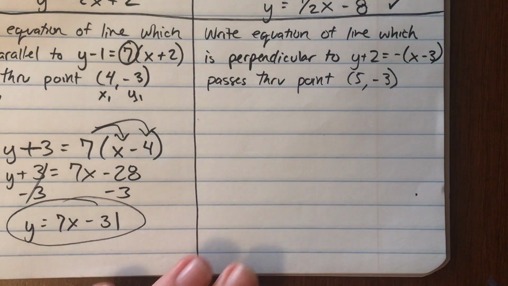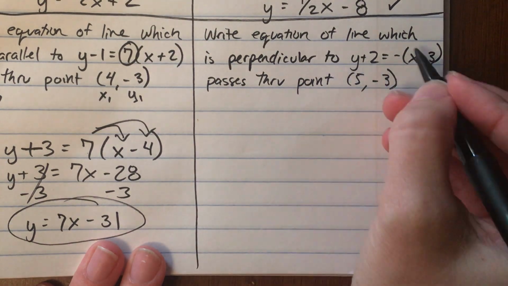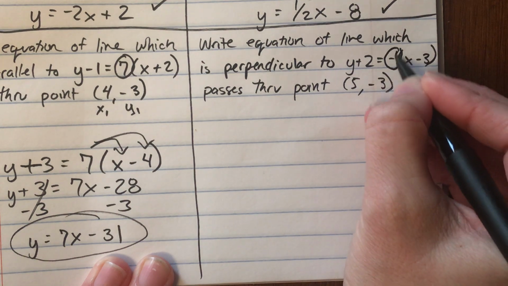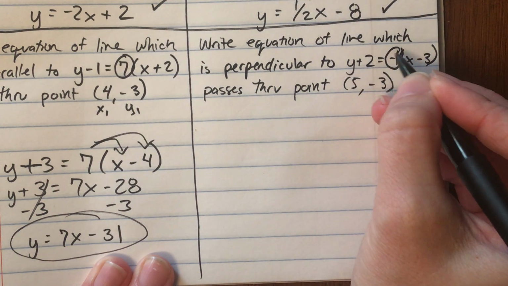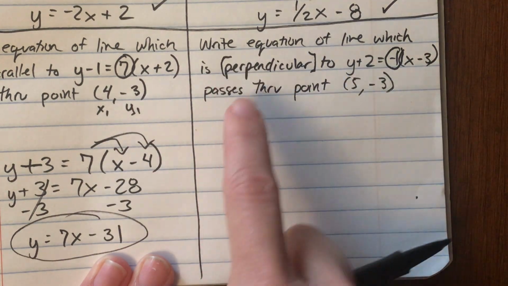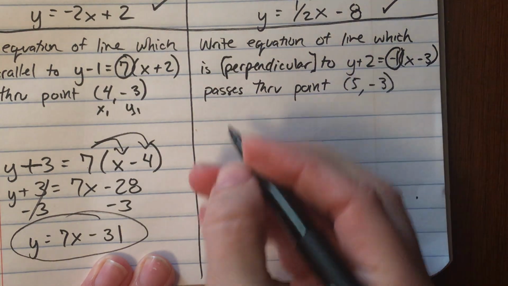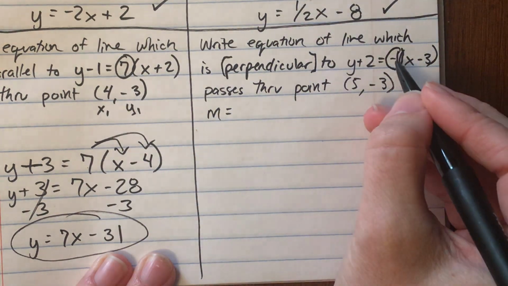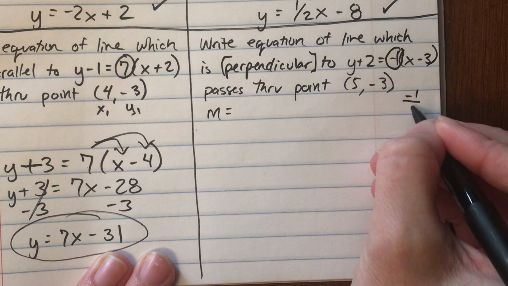All right, for this next one, we pick out the slope. Now, the slope here was a little trickier. There's actually a -1 in front here. So my slope is -1. Remember, for perpendicular, it's the negative reciprocal. Well, it's already negative, which means it's going to be positive. And this one might have been a little trickier, because what happens when you flip -1 upside down?